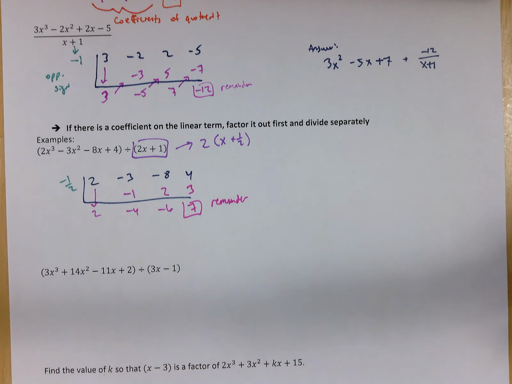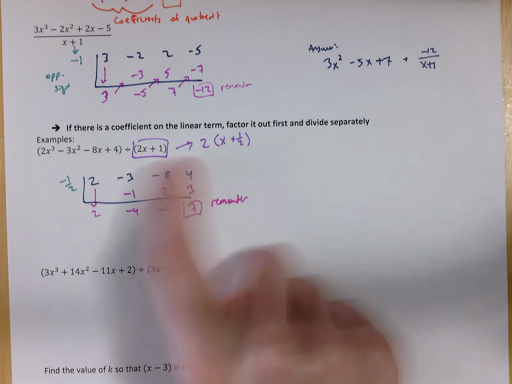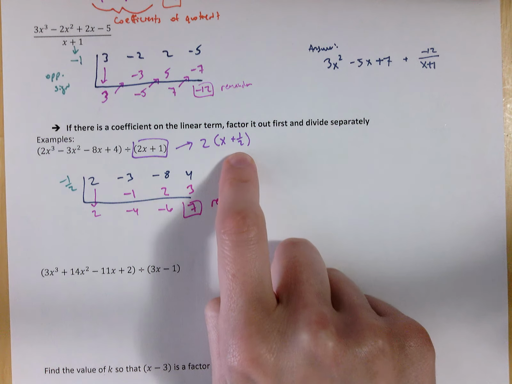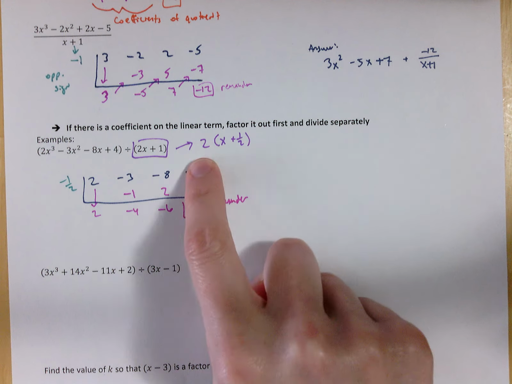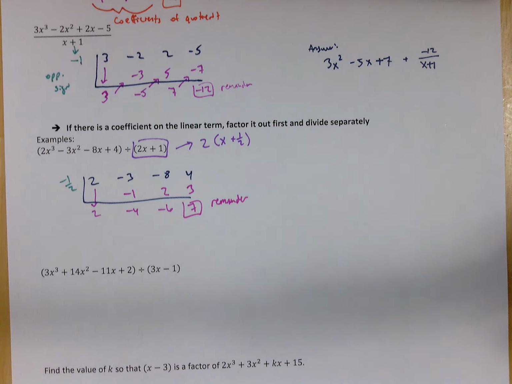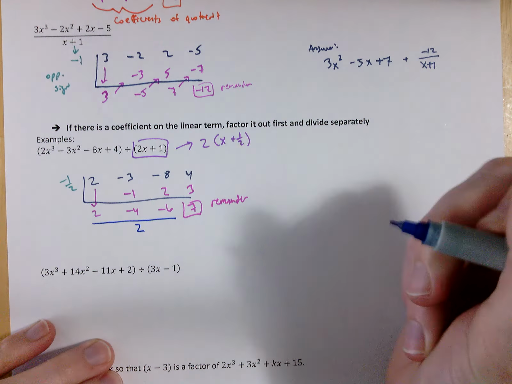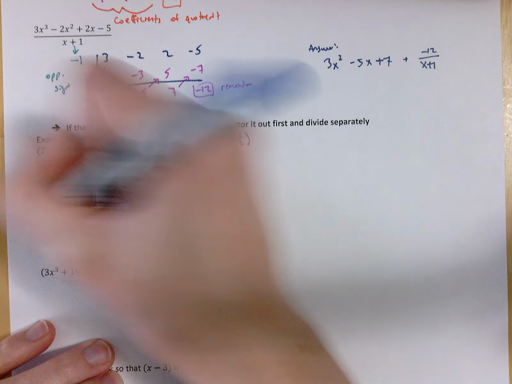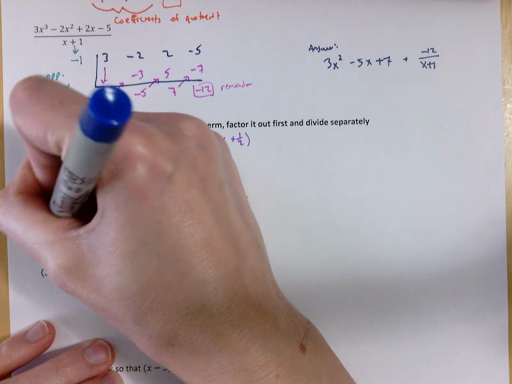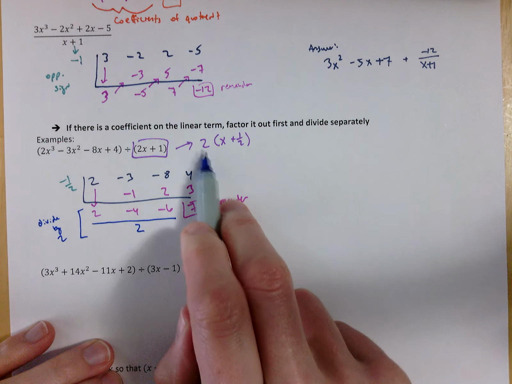So we're done with the synthetic division part, but remember, we have to divide by 2x plus 1, and so far I've just divided by the x plus 1/2. So now we're going to divide by the 2. I'm going to take all of these numbers and divide them by 2, because there was a 2 here.